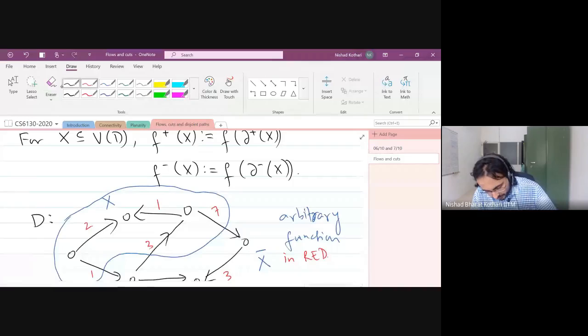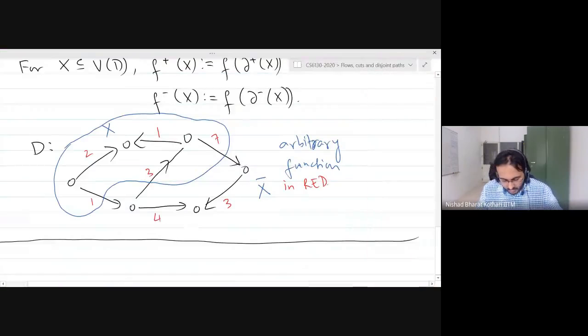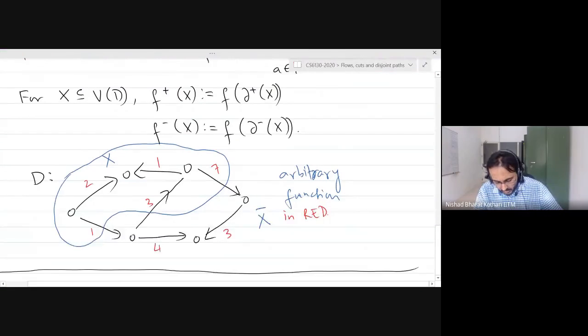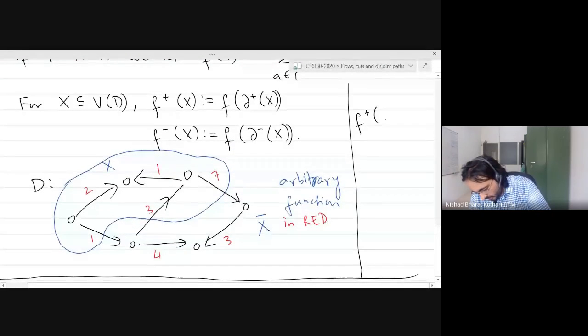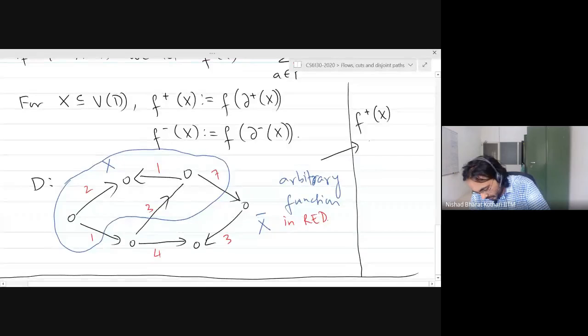Okay, and so now I want to ask you, what is f plus of x? Can anyone tell me what is f plus of x?